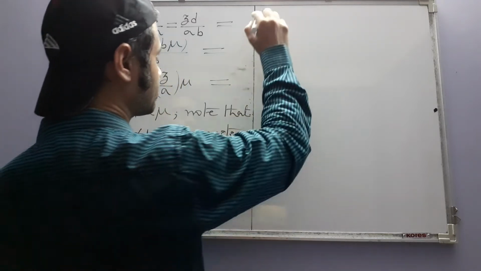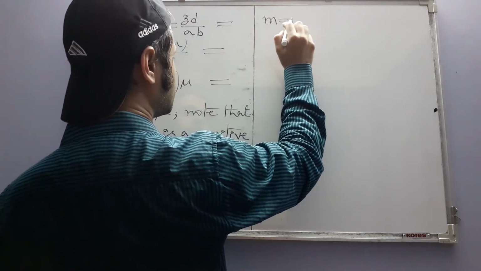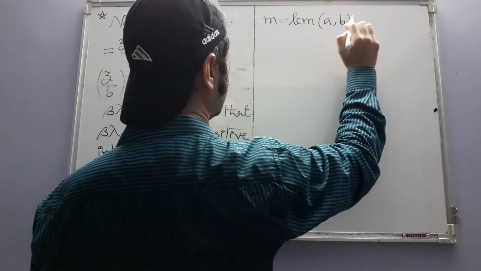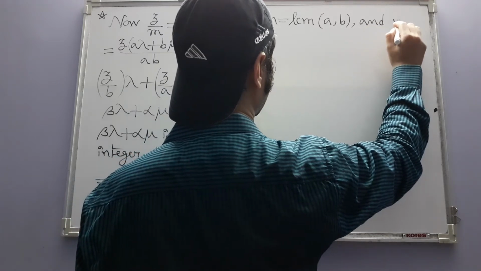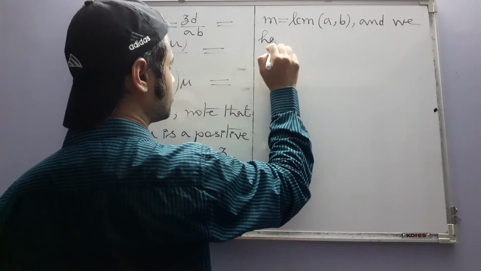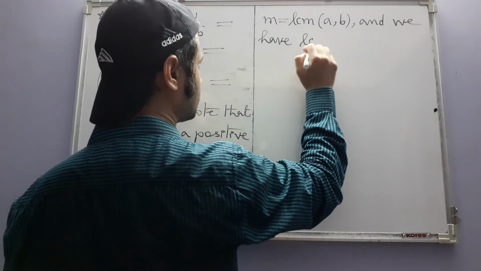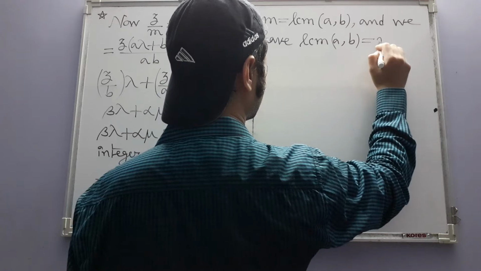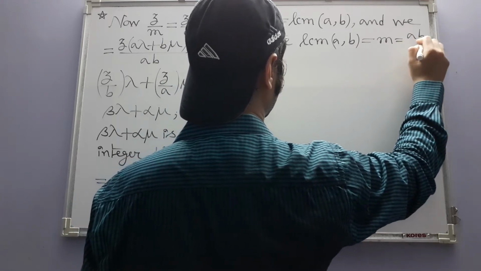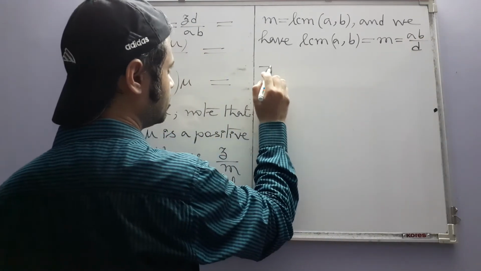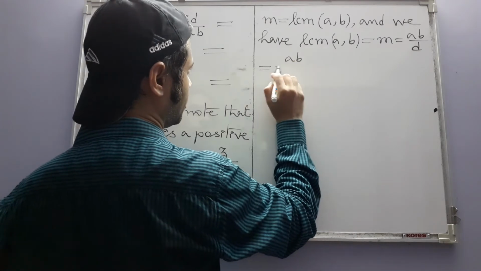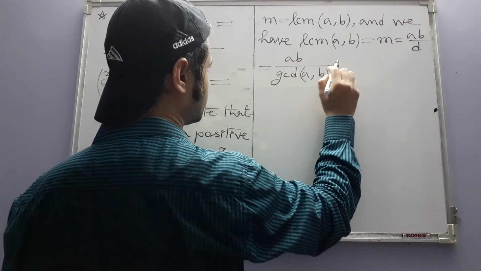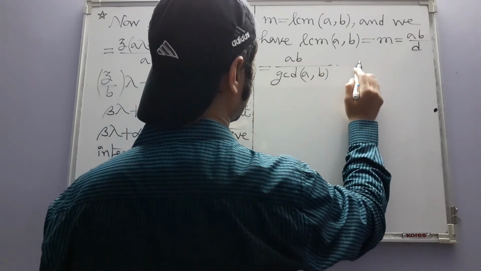So M is equal to LCM of A and B, and we have AB divided by D, where D is the GCD of A and B. And that's just it.